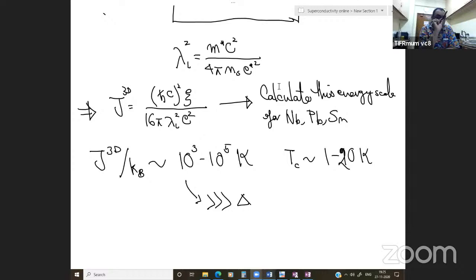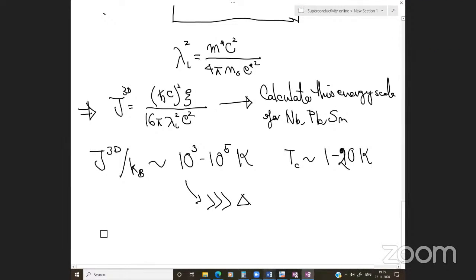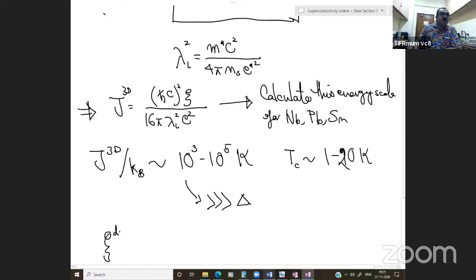That's right. So coherence length, you know that in the dirty limit, in the presence of defects, the coherence length is actually the BCS coherence length times the square root of the mean free path.